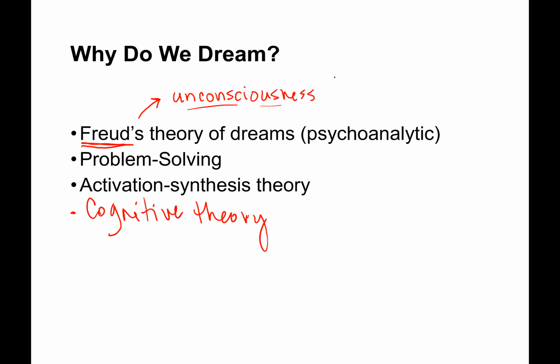It could be just random, right? And so a lot of psychologists have different theories, and that's where we come into the problem solving. So problem solving, basically dreams can be an effort to deal with some of our issues, some of the problems that we're having, right?